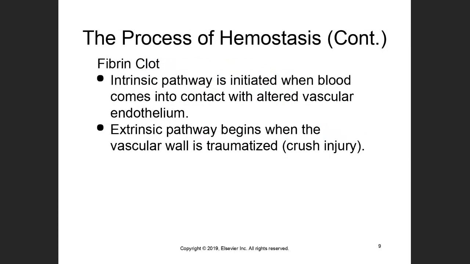Now, let's go to the fibrin clot. That's at the end of the secondary hemostasis, the intrinsic pathway and extrinsic pathway. This is extremely important. The coagulation pathway is divided like this.